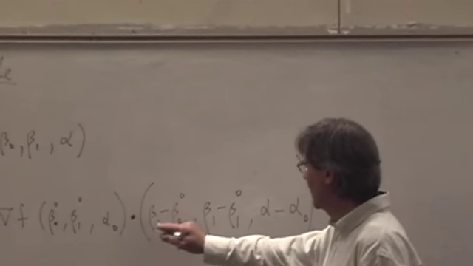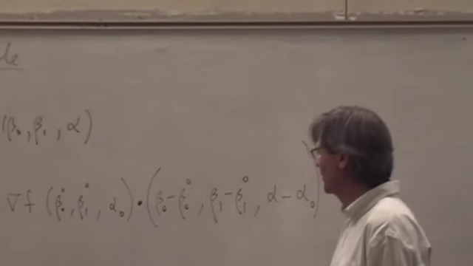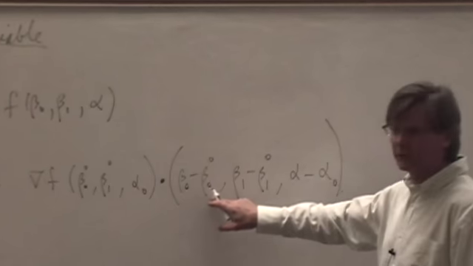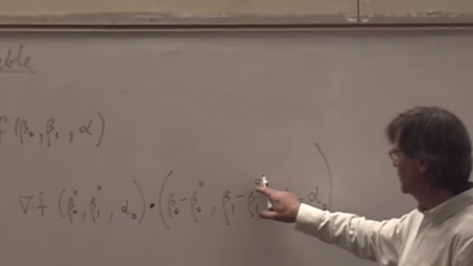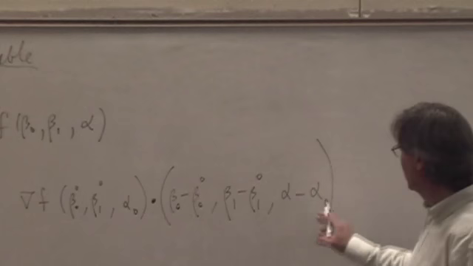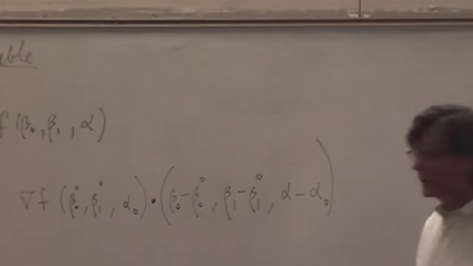So beta 0 is the actual value of the parameter, and this is an initial guess. Beta 0 super 0, beta 1 super 0 is an initial guess. Alpha 0 is an initial guess. And our initial guesses are going to be from the simple linear regression.